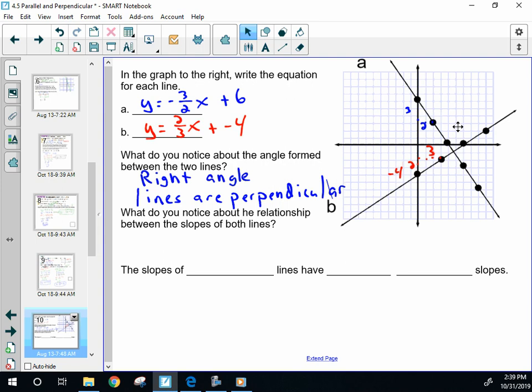So what I want to look at is what do I notice about the relationship between these slopes. The first slope being negative 3/2 for line A. The second one being a positive 2/3. What do I know about those two slopes? One's positive, one's negative.